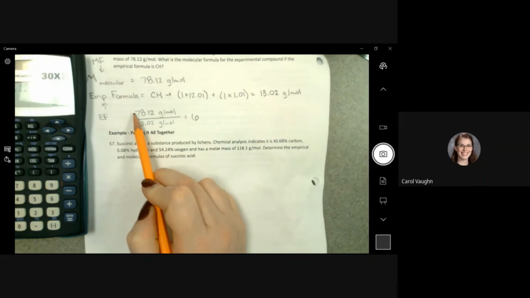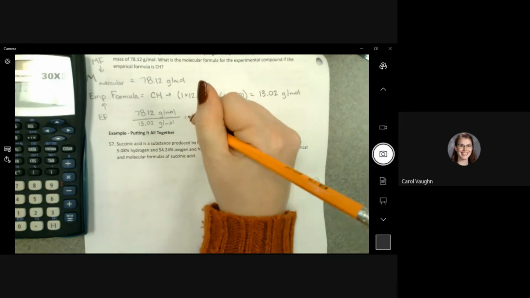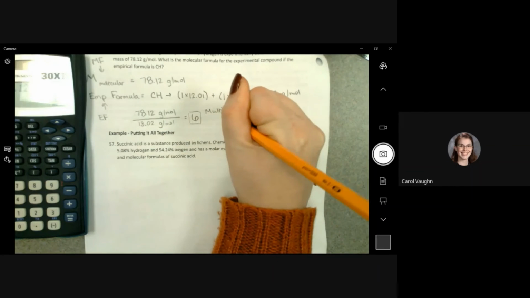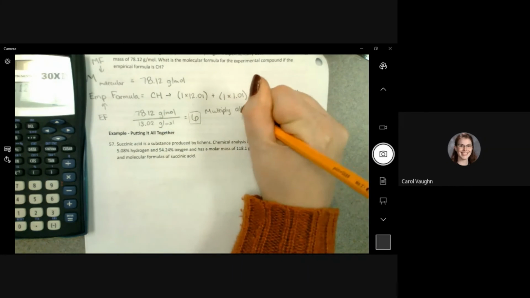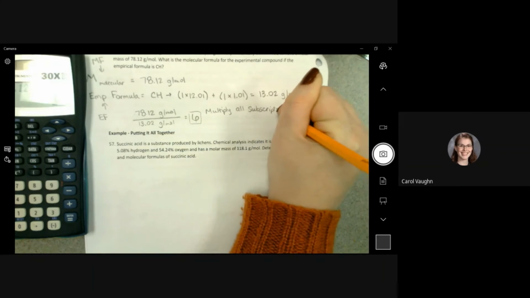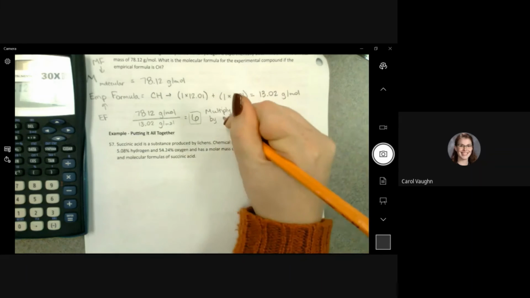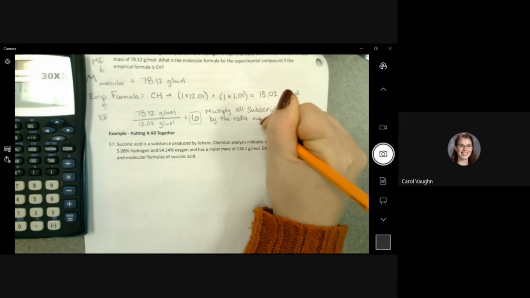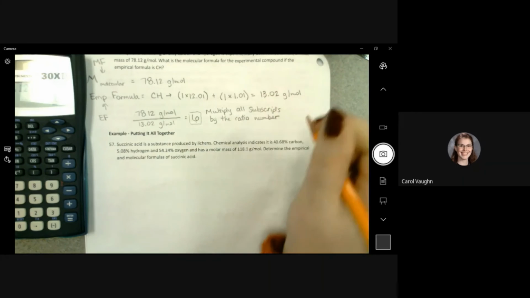So that means that our molecular formula is 6 times bigger than our empirical formula. So what we are going to do with this 6 is multiply all subscripts by the ratio number. Okay.